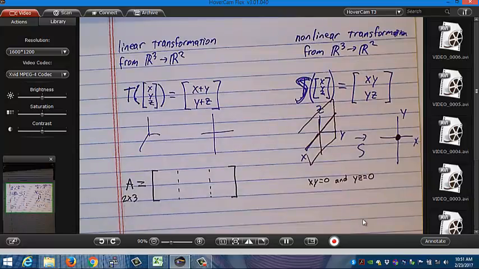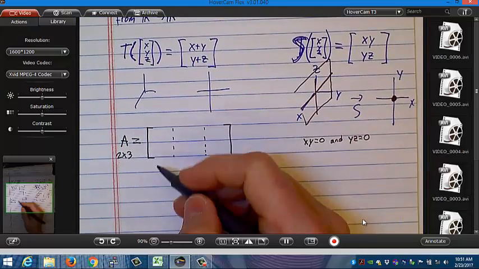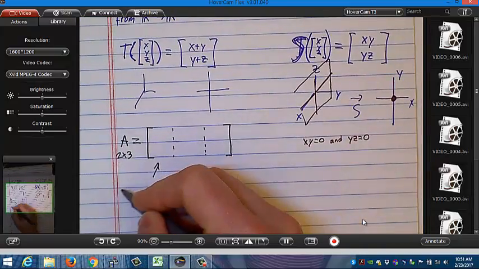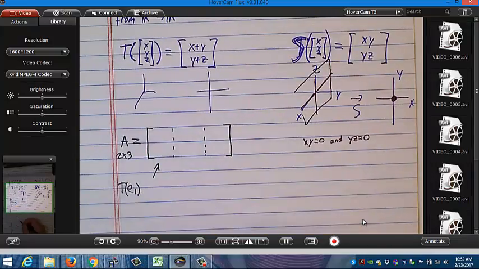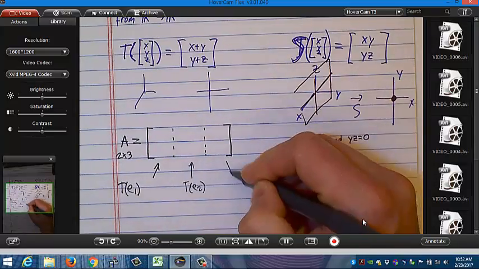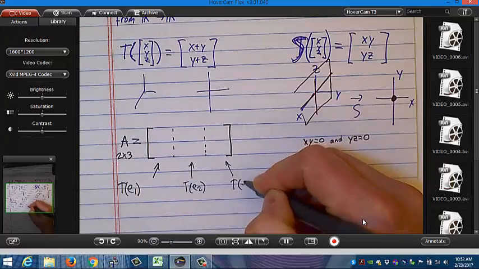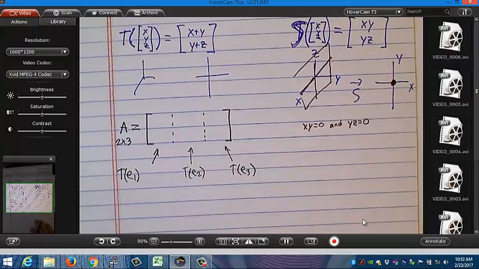Is this okay? What are the 3 columns supposed to be? Well, the first column is supposed to be T of E1, right? This column is supposed to be T of E2, and this column is supposed to be T of E3. And I have to work those things out a little bit.